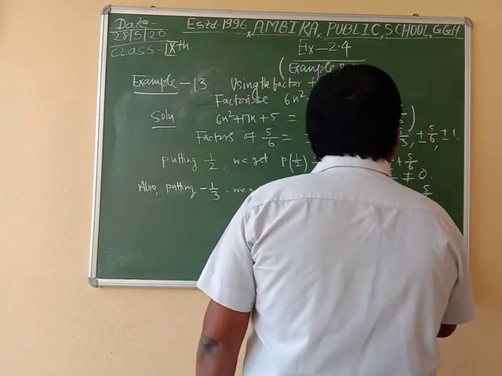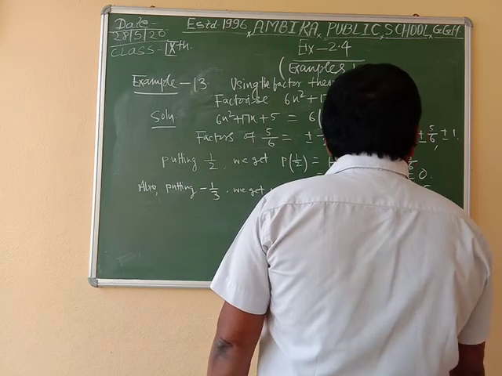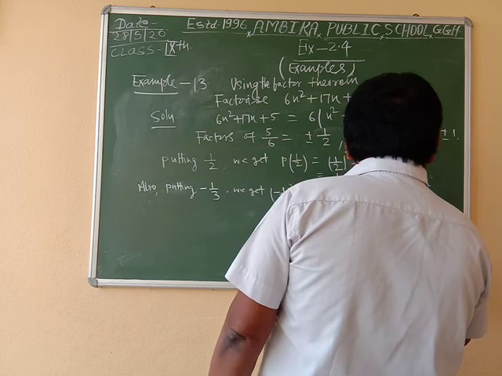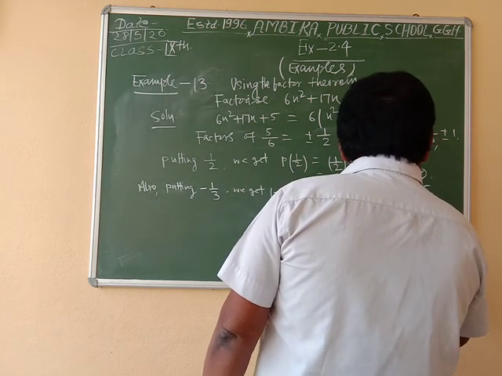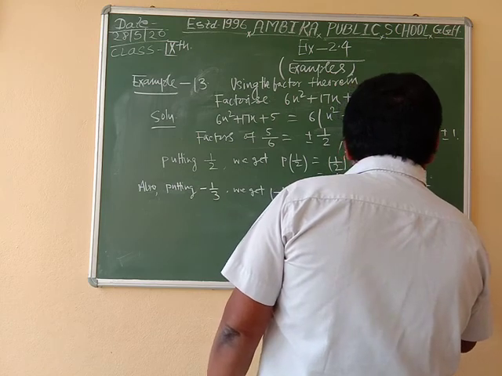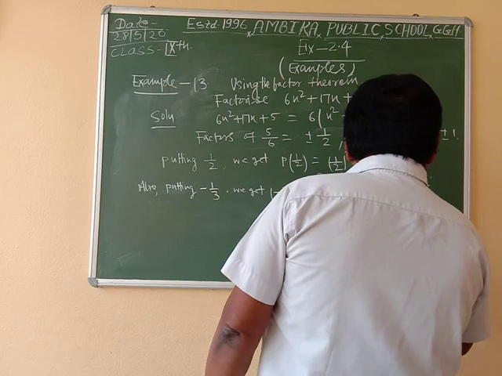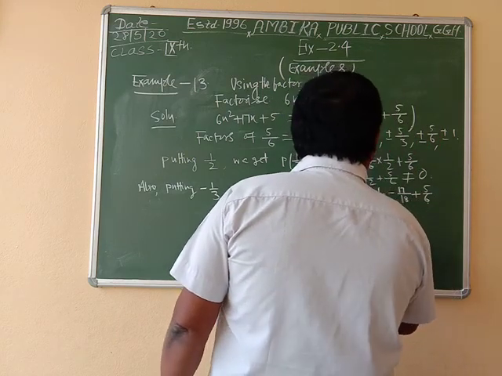Taking LCM of 9, 18 and 6, LCM is equal to 18.